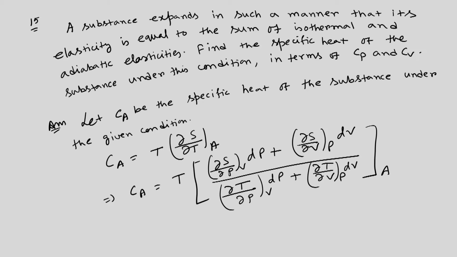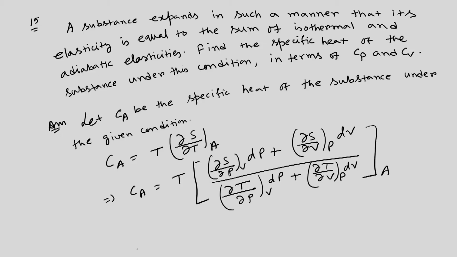So, we can write T times del S by del T as T times del S by del P at constant volume times dP plus del S by del V at constant P times dV, divided by del T by del P at constant volume times dP plus del T by del V at constant volume dV.